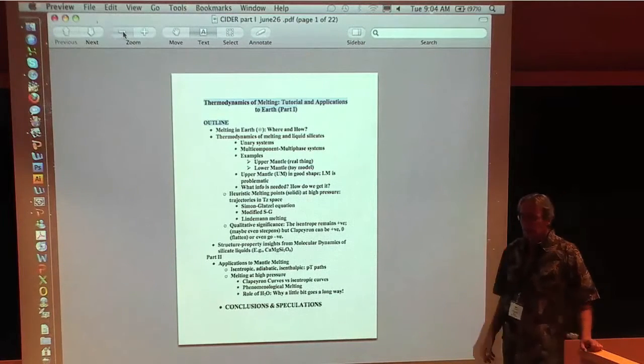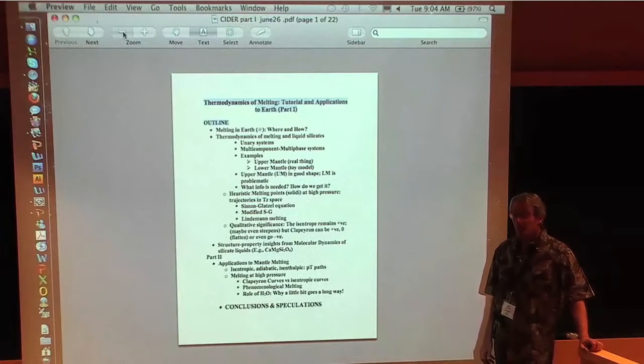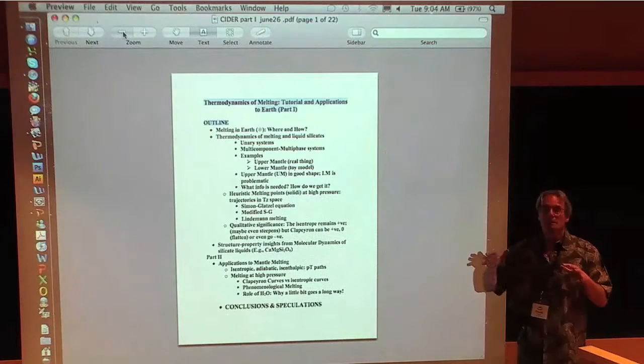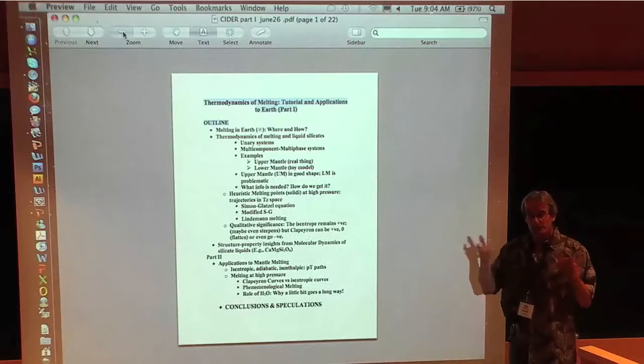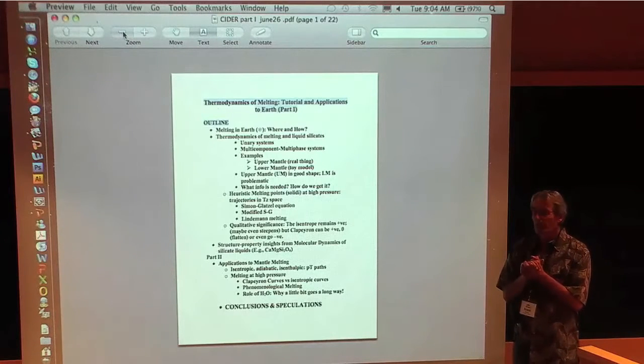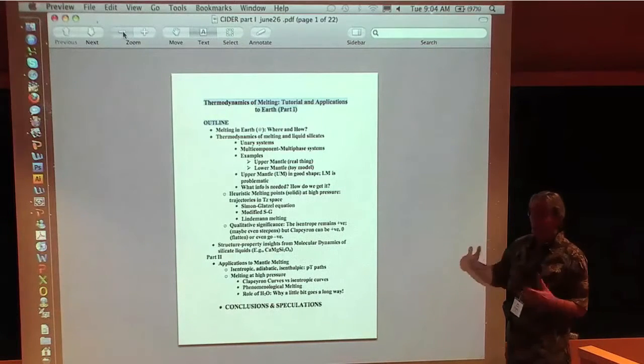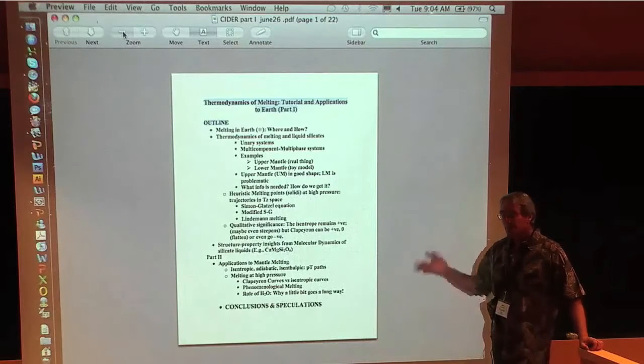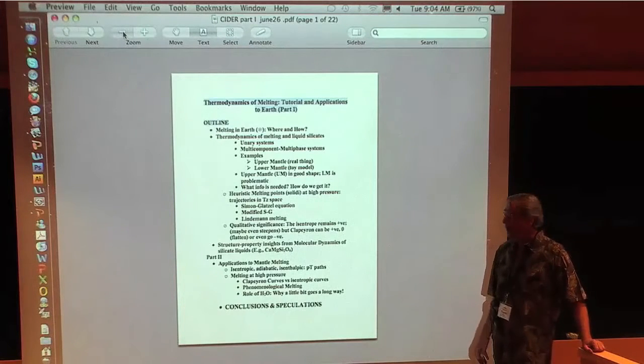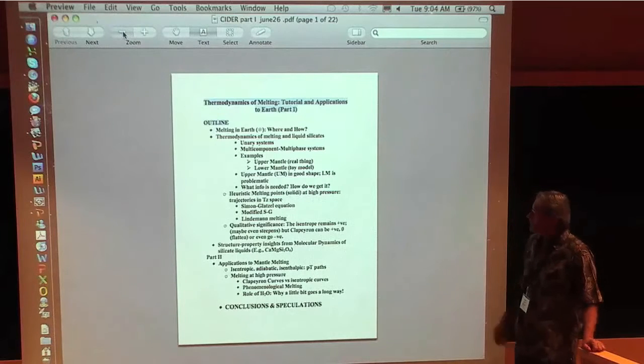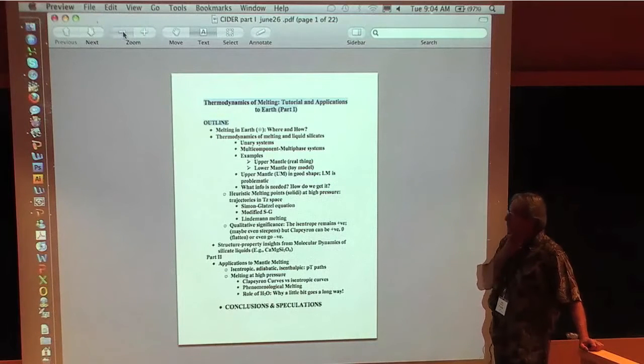We understand the thermodynamics of those liquids pretty well. And we can do a lot of things, and I'll give you an example. And then there's the question of melting in the lower mantle. That's far more terra incognito. And so we'll mention some ideas there.